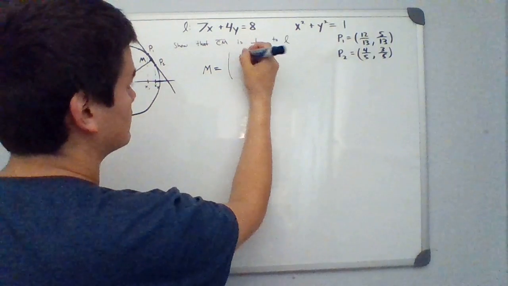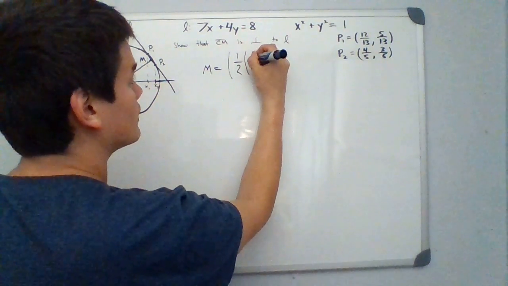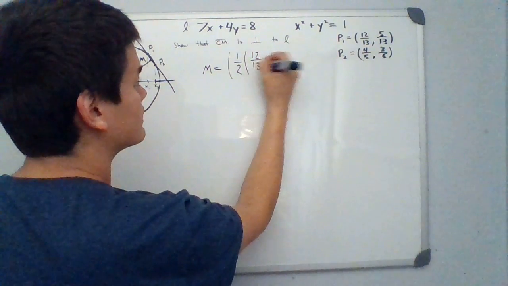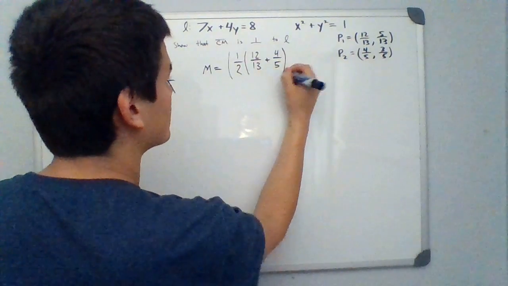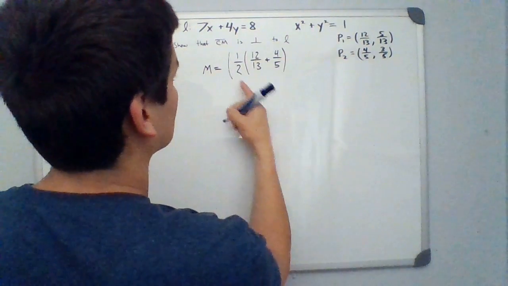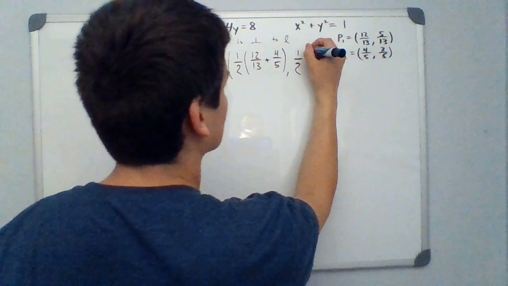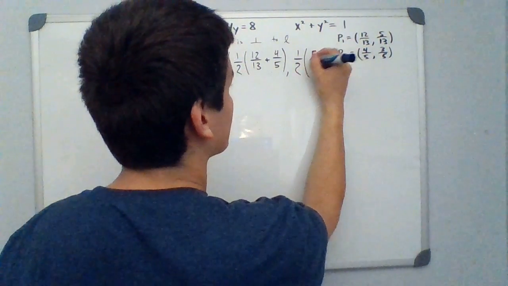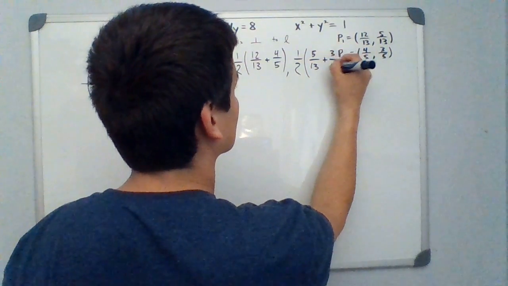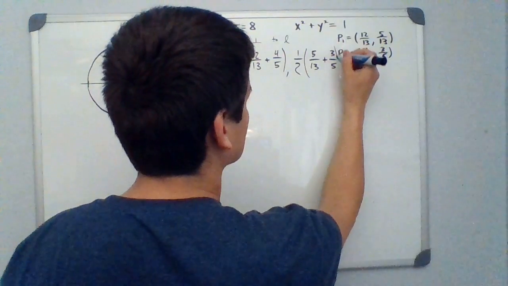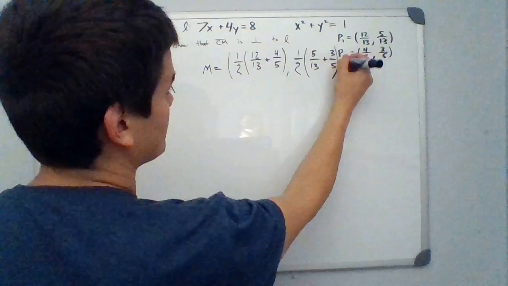So I could write 1/2 times (12/13 plus 4/5), and then 1/2 times (5/13 plus 3/5), and imagine another parentheses there.